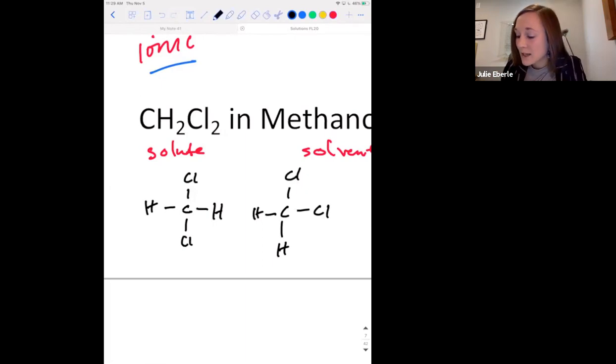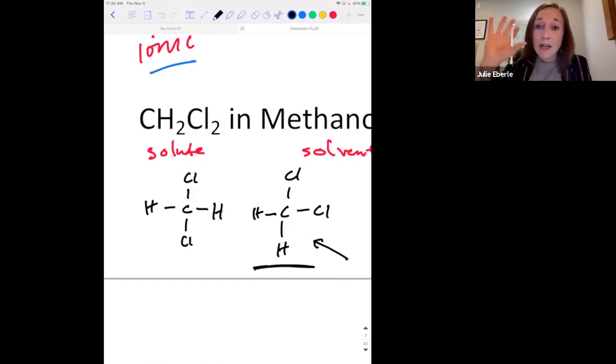Okay, because sure, if we rotated the structure, we might get it to look more like this, but it's just a matter of rotating it and how we're looking at it in 3 dimensions. But we can't look at these in 3 dimensions, unfortunately. We can just draw them on paper. So if you can draw it in a way that it is nonpolar and dipoles cancel, then that substance is nonpolar. The structure over here on the right looks like you would say, oh, it's polar. But if I had this in 3 dimensions and I just rotated it, I could get it to look like this.